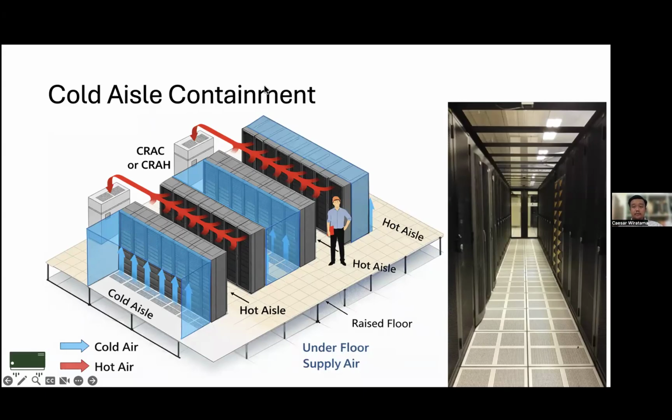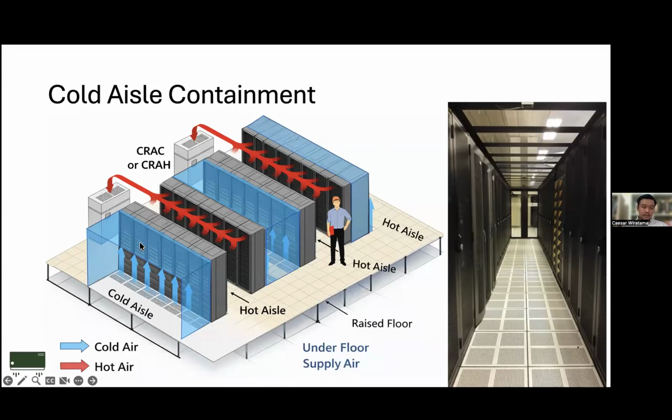So you can see from this example, we have containment here with the glass. We can notice that this is the cold aisle because we know that the tiles here are perforated for the cold air to move from the bottom of the floor.